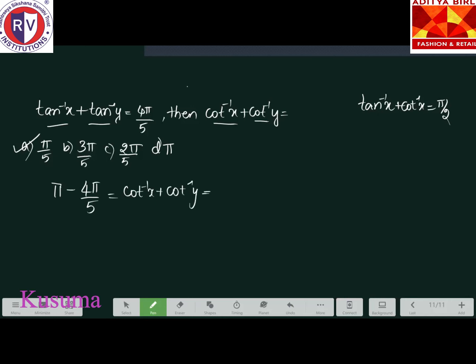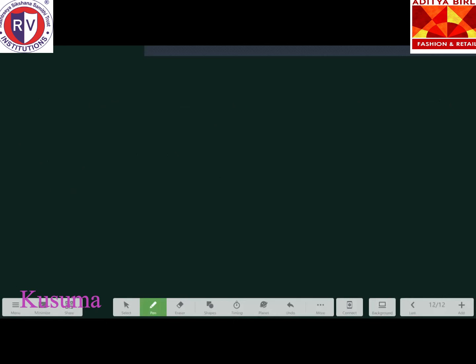Therefore, this will be equal to 5 pi minus 4 pi divided by 5, that is pi by 5. Look at the next question.